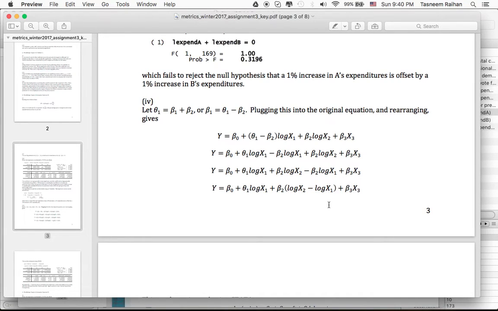Log x2 is the log of expenditures by B, and log x1 is the log of expenditures by candidate A. So we have to first create this variable in Stata before running this regression.